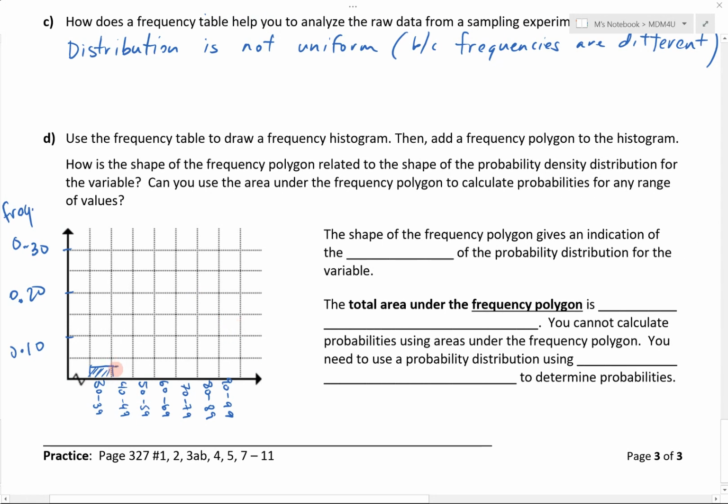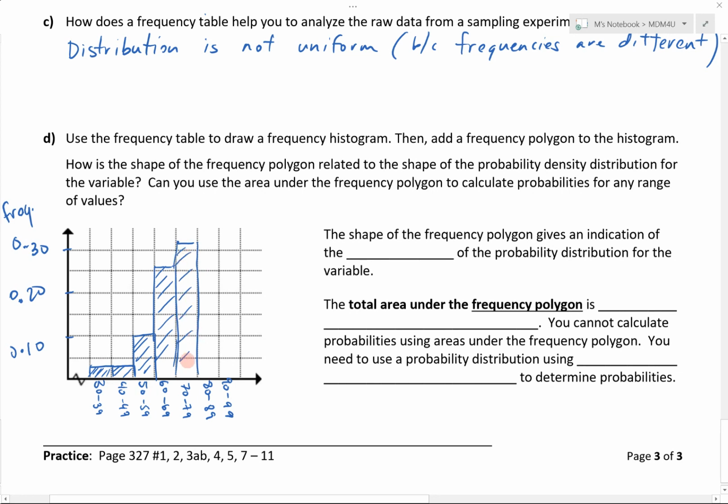And 40 to 49 is also 3.3%. 50 to 59 is 10%. And 60 to 69 is 26.7%, so right about above here a little bit. I'm just freehanding this, but you should make sure you use proper tools to draw a straight graph. 70 to 79 is 33.3%, so somewhere around here.